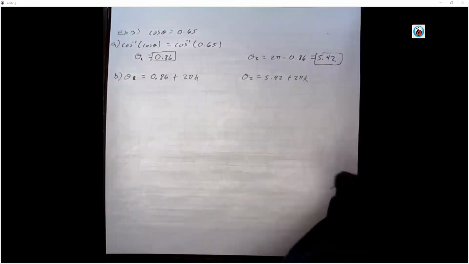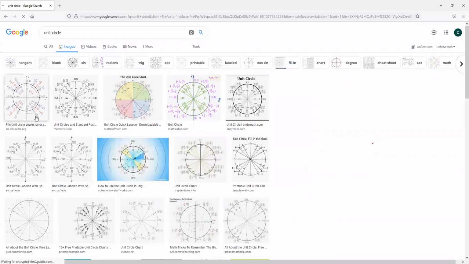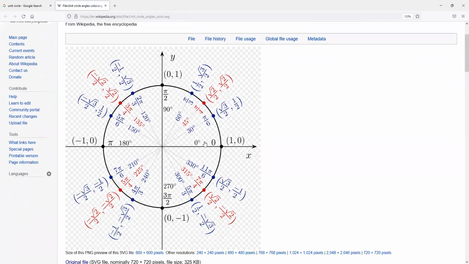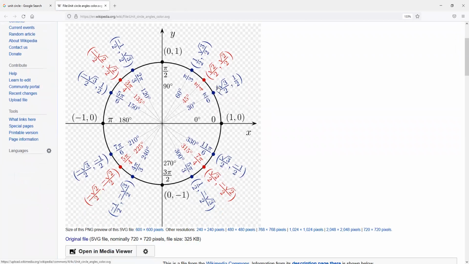Why do we use 2 pi k in this example? Well, let's think about it. Let's look at the circle. Let's pretend it was a pretty answer.